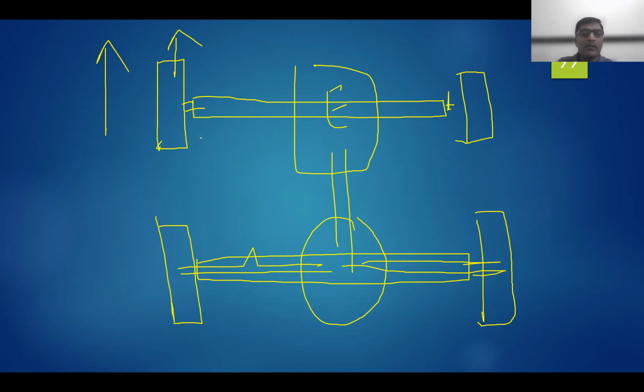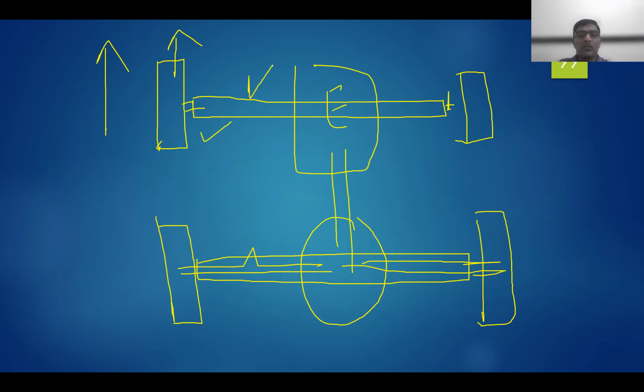Now in this case, this front axle is called a dead axle. So wheels are mounted on the axle, but this axle is not powered. So dead axle, what is the function of dead axle? It enables wheels to rotate freely. So it is not powered.